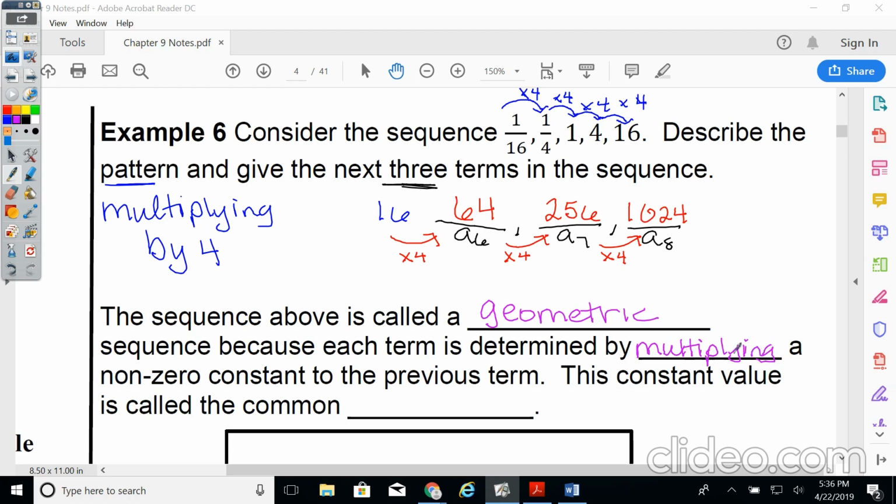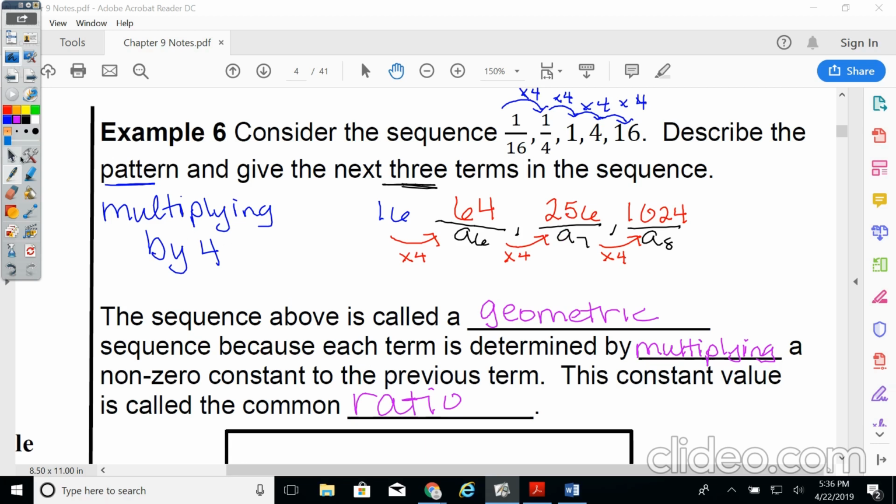If we're dividing, it also includes dividing, but dividing is just multiplying by a fraction. The number that we consecutively multiply by is called the common ratio, because to get it, we divide 2 numbers to get that common ratio.